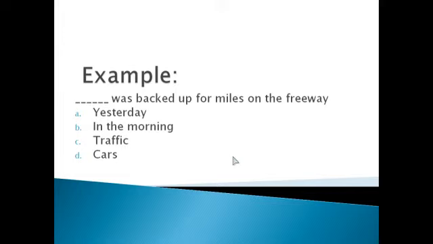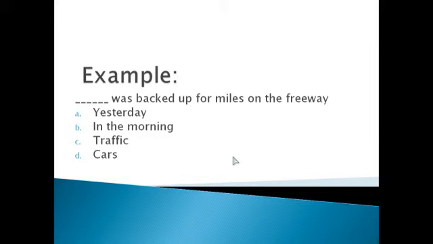If we answer A and B, they are not subjects, so they are not correct. Although answer D, cars, could be a subject, it is not correct because cars is plural and it does not agree with the singular verb was.